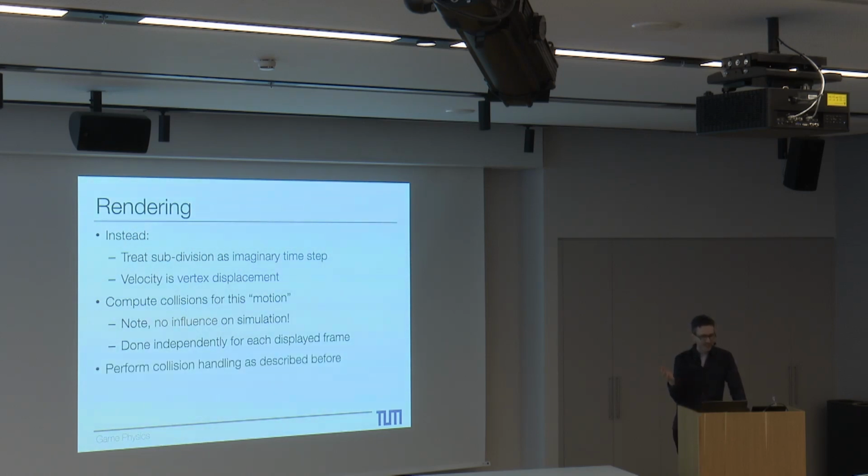The nice thing is it basically uses the same machinery. So it can actually reuse the same collision handling and data structures and so on that was there for the simulator. You just apply it to this rendering mesh. There's a slight caveat here that things could potentially jitter a bit over frames because it's done independently, but if it's on a small enough scale, this is actually typically still fine.